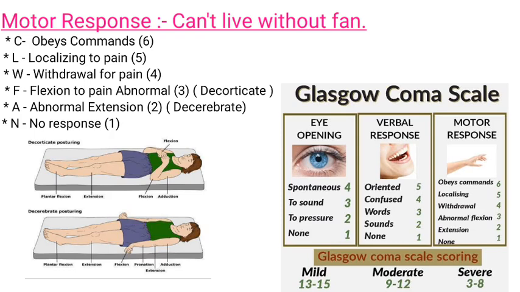Then A stands for abnormal extension. 2 means decerebrate, an extensor response: adduction of arm, internal rotation of shoulder, pronation of forearm and extension at elbow, flexion of wrist and fingers, leg extension, plantar flexion of foot. Then N stands for no response. 1 means no motor response.